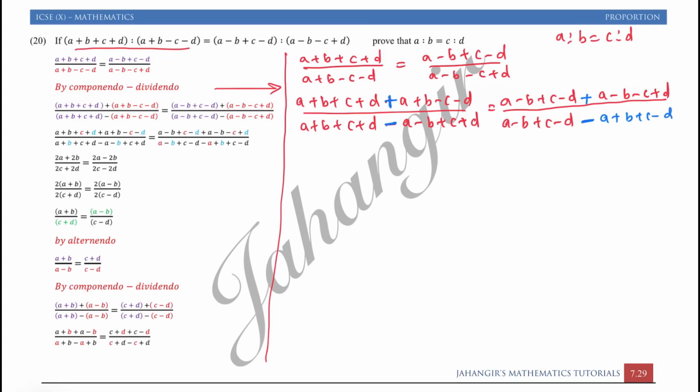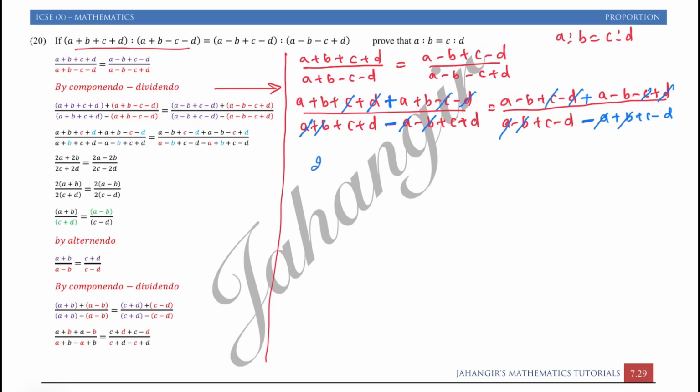So cancelling whatever plus minus terms are there: minus c plus d minus d, a and b will get cancelled here. Again here I can cancel c minus d plus d plus a minus b plus b.